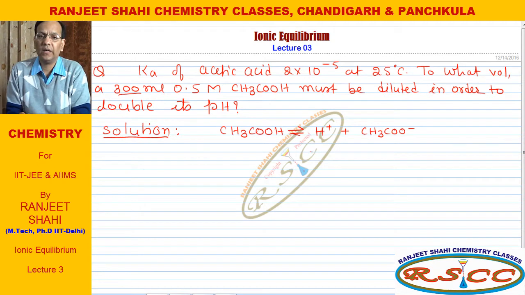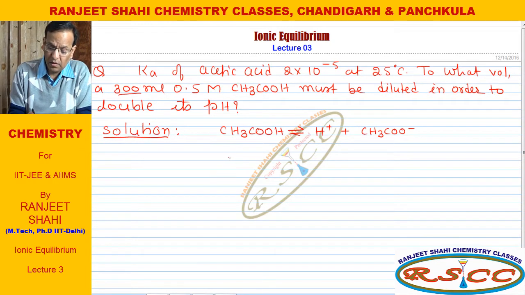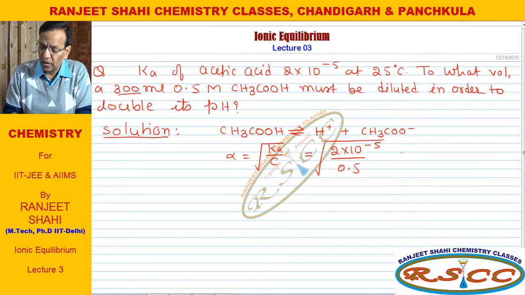If we apply the approximate formula to determine the initial alpha, the alpha will be root under Ka by C. Ka and C are given, so Ka is 2 into 10 raised to the power minus 5 upon C is 0.5. So by inspection we can say that the value of this alpha is very small, it is smaller than 0.1. So it is negligible.